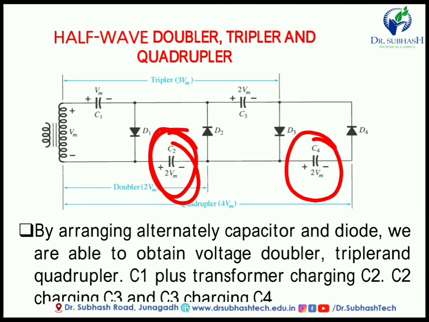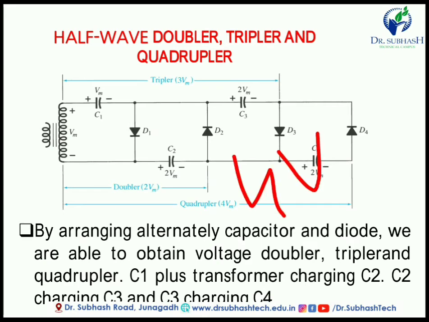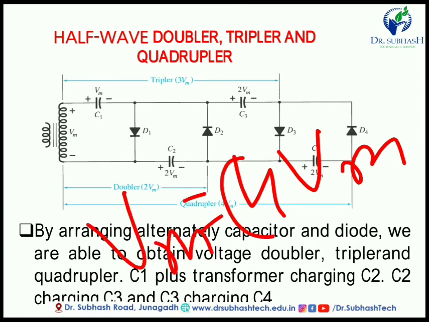We can directly say that whenever we connect two doublers like this, it becomes a quadrupler. So this circuit will directly give 4 times the input, 4 Vm. Our input is Vm and the output is 4 Vm, so it is known as quadrupler circuit.